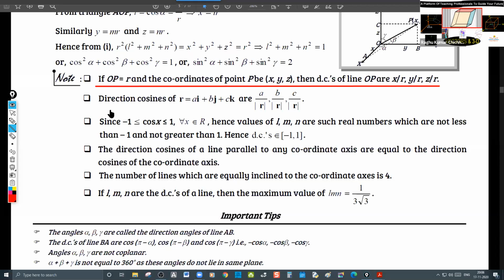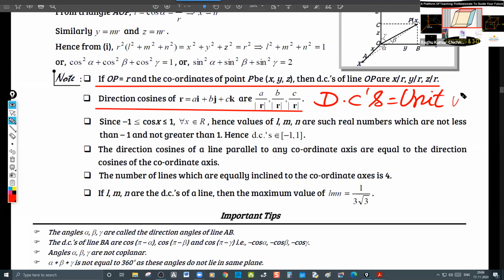Yes, sir. And what is the equivalent term in vector algebra? It is nothing but, important place, understanding 3D from the window of vectors: DCs is equal to the unit vector. Okay, sir.